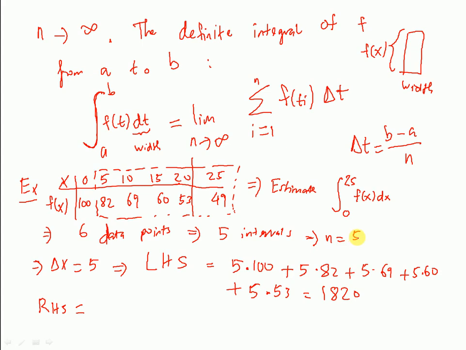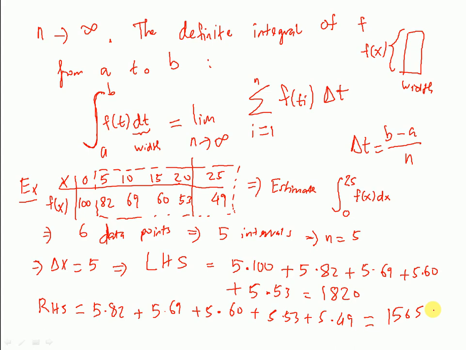Again, 5 rectangles, and the width is also 5. Multiplied by the first point, 82, and 5 times 69, plus 5 multiplied by 60, plus 5 times 53, plus 5 times 49. And that should give us 1565.